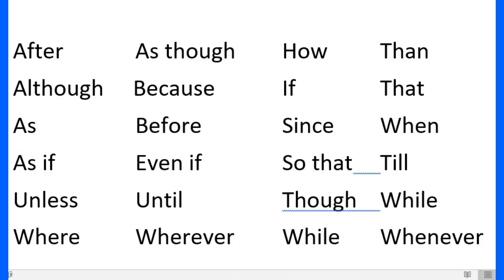Although they saw his miracles, many people still rejected the Messiah. So again, if we're looking at the subordinating conjunction list, we would see although in there. And although they saw his miracles is indeed the clause. It's dependent, can't stand by itself. Now we have to figure out what does it modify. It can't modify a noun, so don't look for the noun.